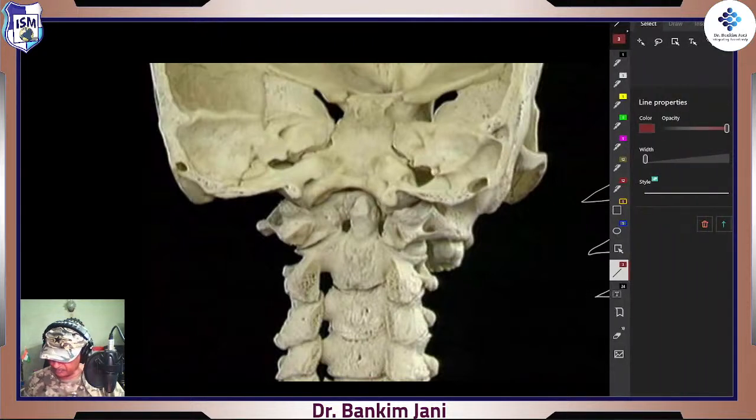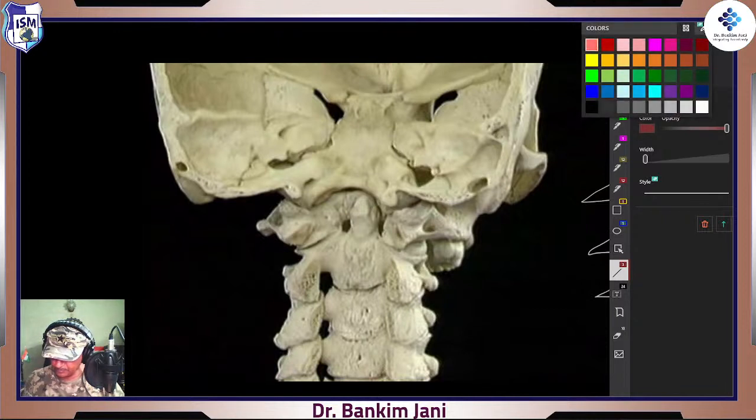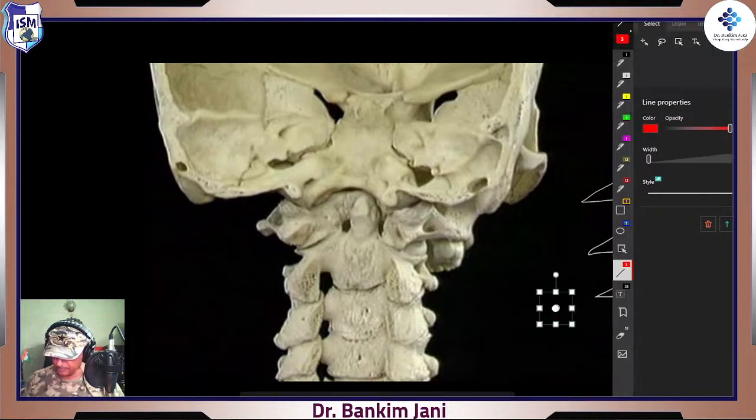Okay, now visualize carefully. We are putting a cut over here at this angle. It means we are putting a cut on the neural arch.